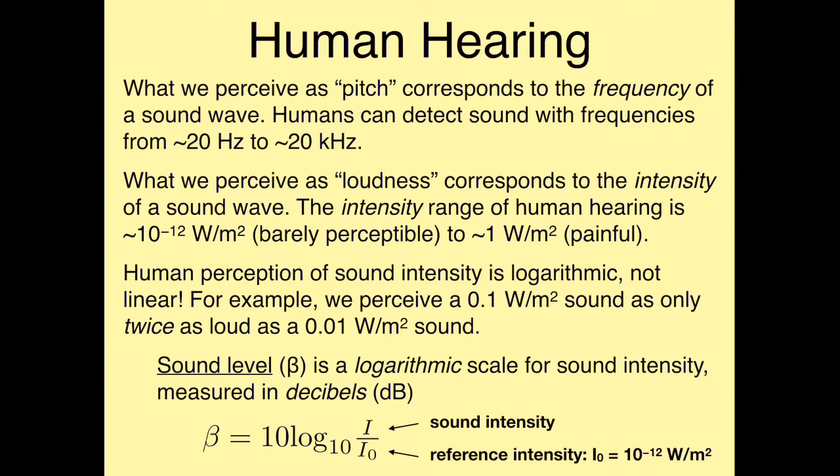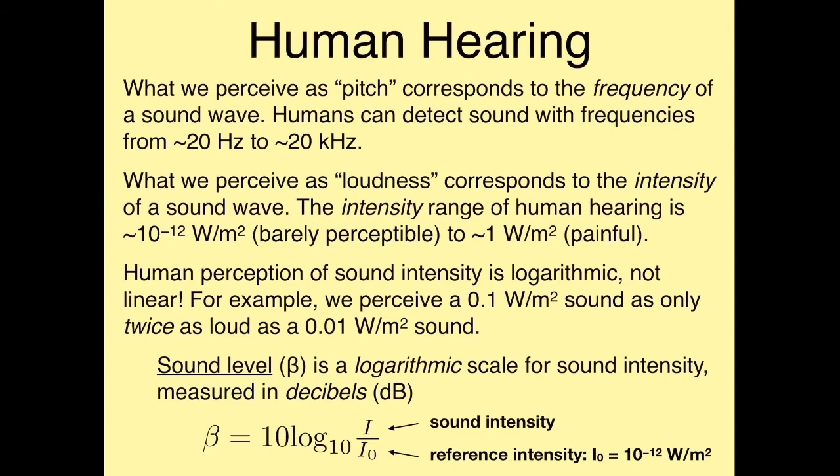So to better reflect the way we perceive sound, rather than talking about sound intensity, we have something called sound level, which is measured in decibels. It's a logarithmic scale for sound intensity. So the sound level given by beta is equal to 10 times log base 10 of I divided by I naught.